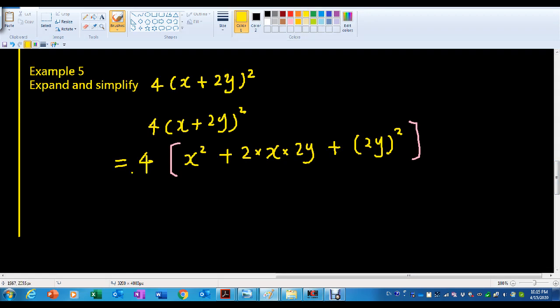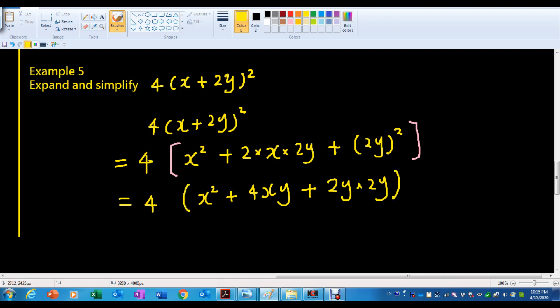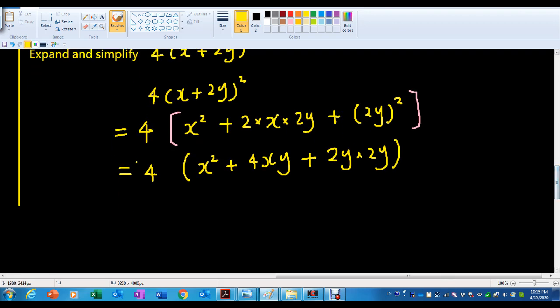What we're going to do next is simplify this. 4xy, we're going to simplify 2y. Of course, because you have removed the brackets inside, you can downgrade that square bracket into the normal bracket. Then you will have x squared plus 4xy plus 4y squared.